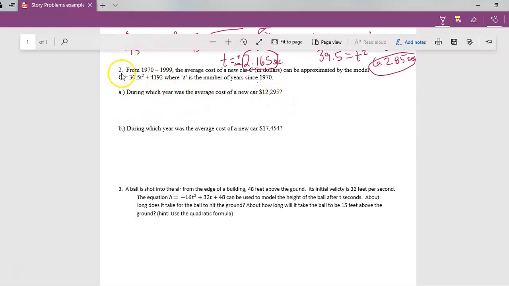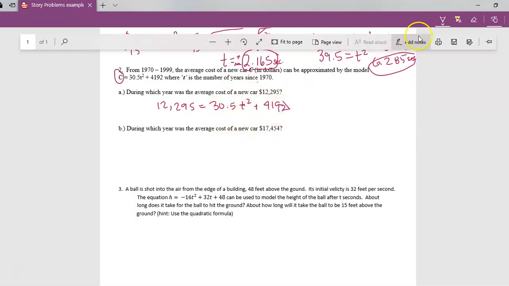So that would be C, that's the cost. So 12,295 equals 30.5 t squared plus 4192. Okay, again, I can use any method I want.